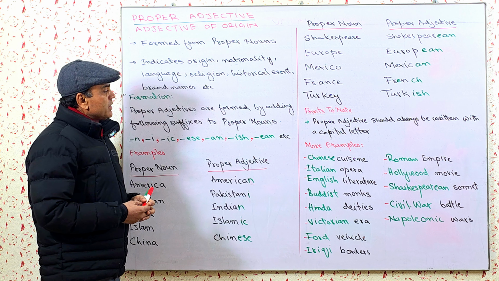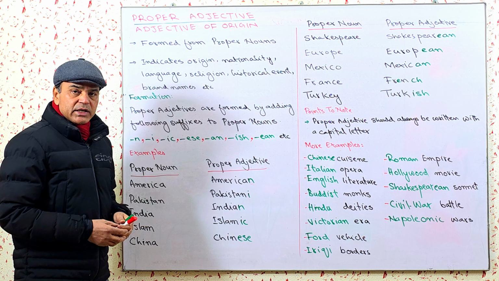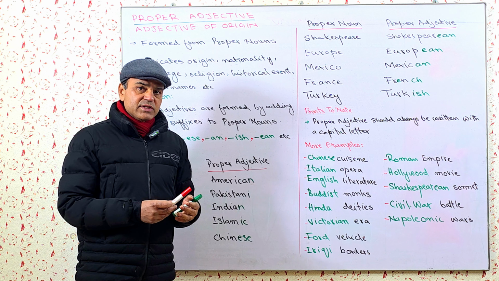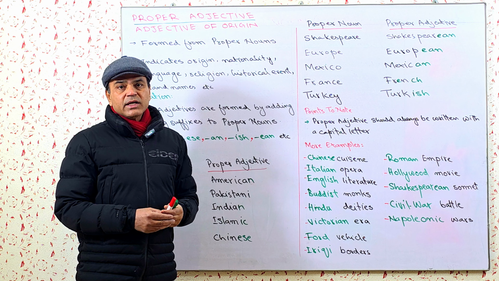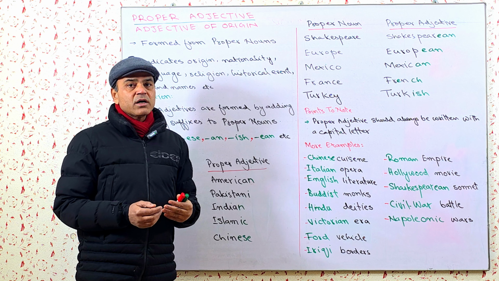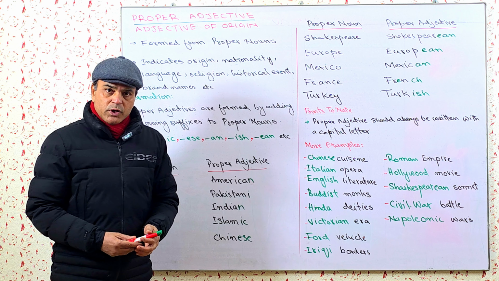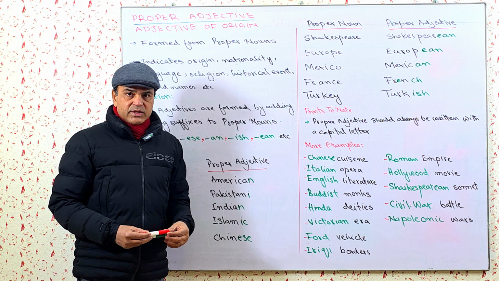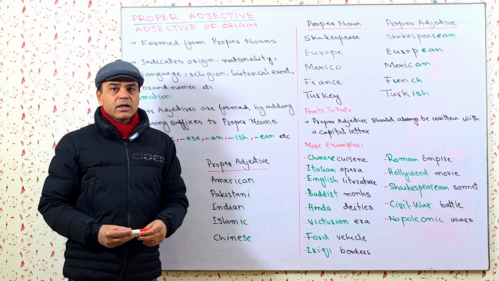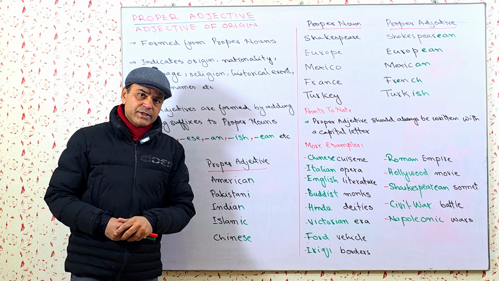How are proper adjectives formed? That is by adding a suffix. And a suffix is the part of a word that is added at the end of a word to change its meaning or form. If you want to know more about suffix, affix and prefix, please watch my video on these particular points.